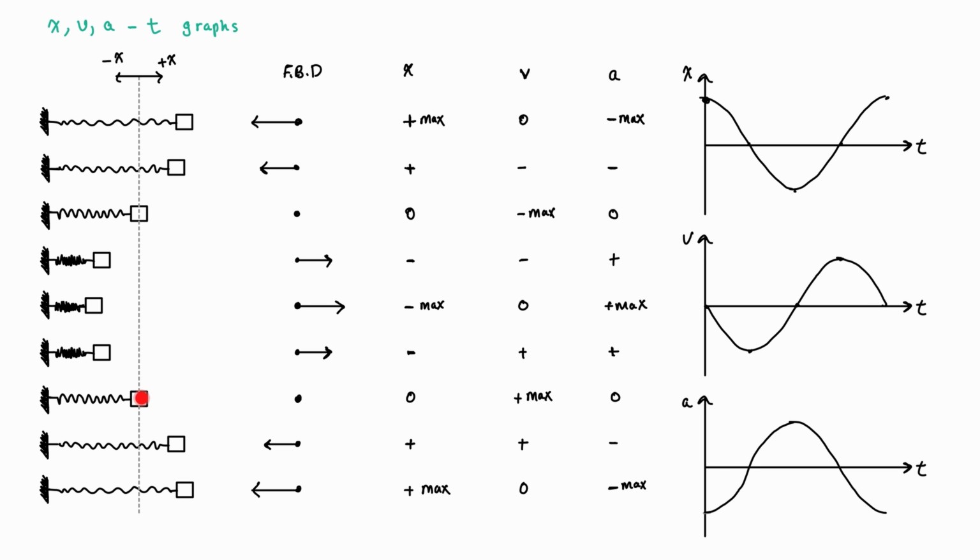At this point over here, it's got some momentum. It still moves to the right. It's moving to the right, so velocity is positive. But now the spring is stretched, and since it's stretched, it's going to be pulling the object to the left based on the force. Since the net force is to the left, acceleration is to the left. We see that over here.